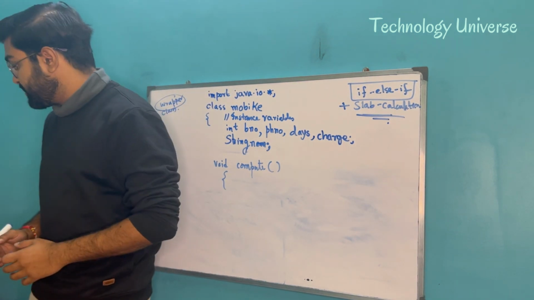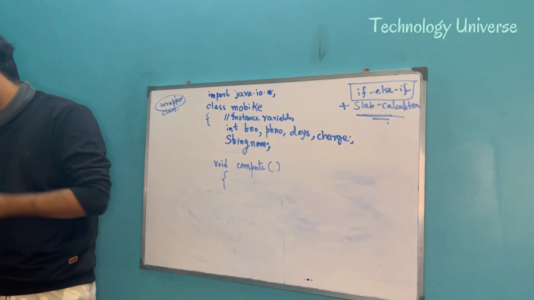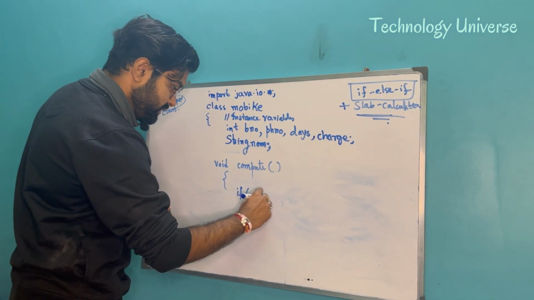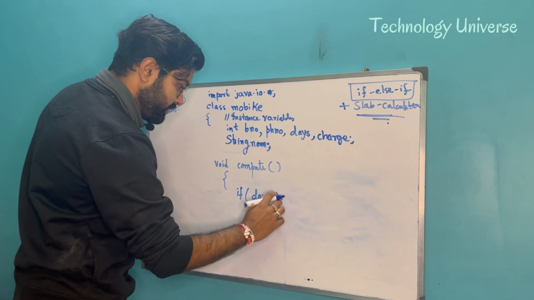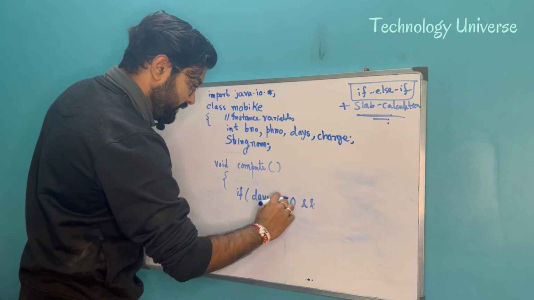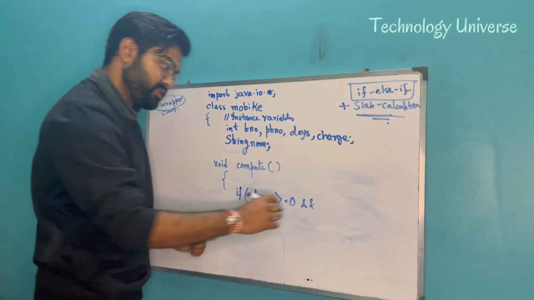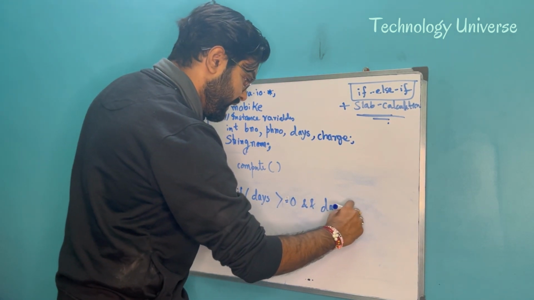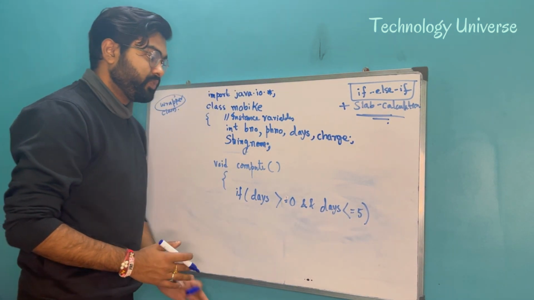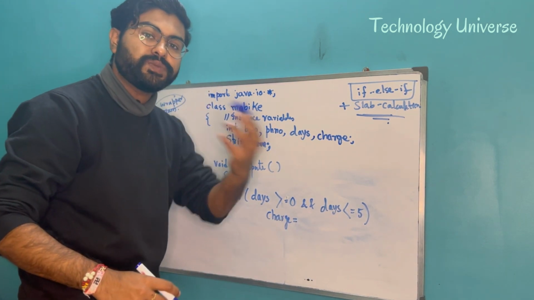So what we have, this range as the first 5 days. The first 5 days we have as 500 rupees per day. Okay. So if the days is greater than 0, and then what we have, the first 5 days, so days smaller than or equal to 5, if the days lies in this range, then what would be the charge? 500 rupees per day.